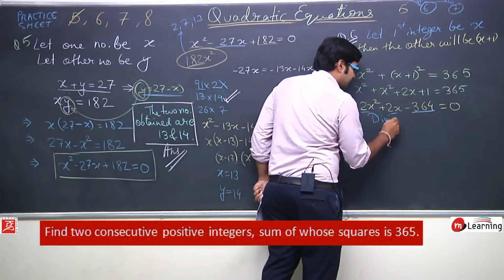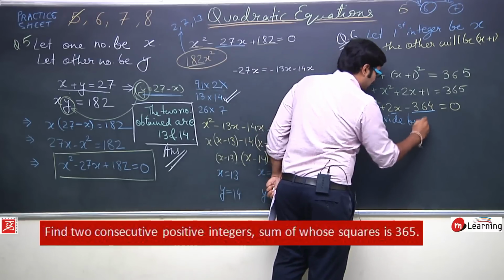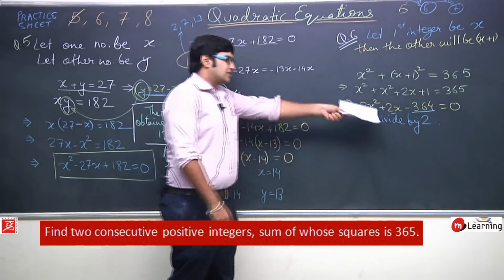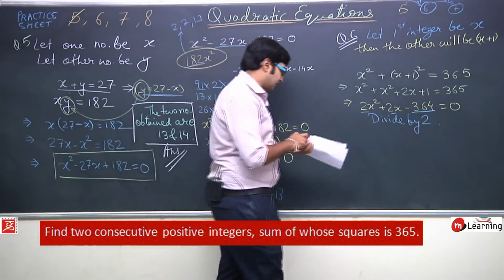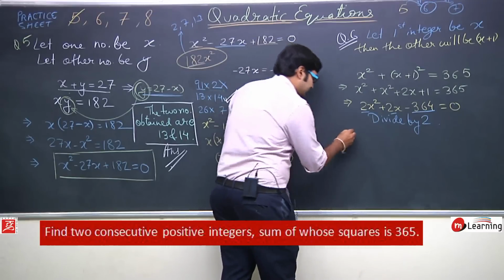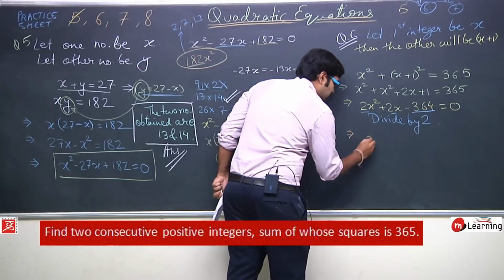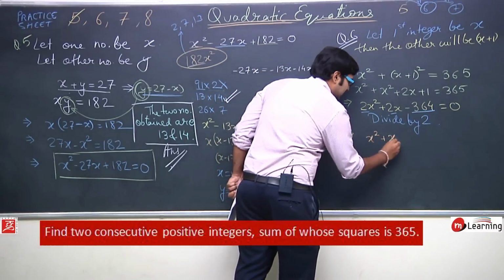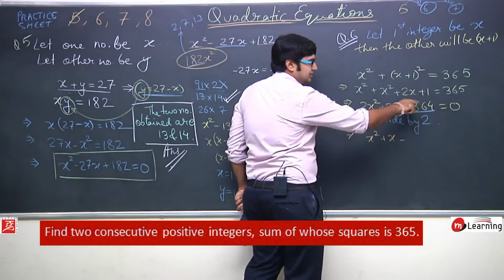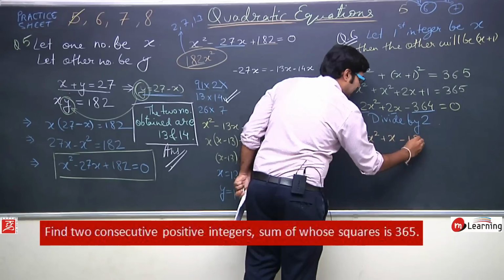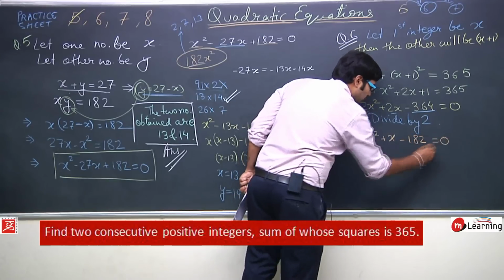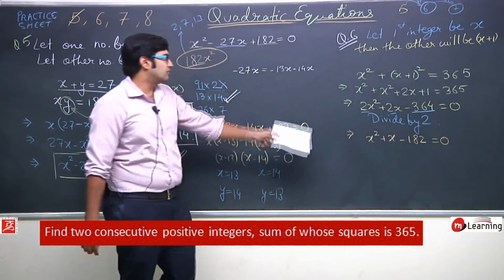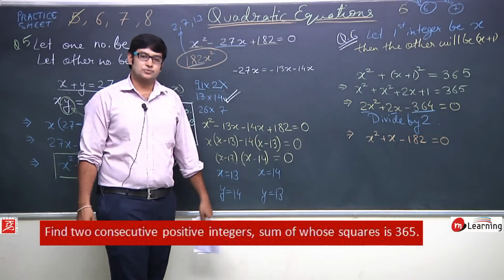Divide by 2. So if I divide this equation by 2, I will get a final equation. That equation will be x square plus x minus, now when you divide 364 by 2, you will get 182, equals 0.